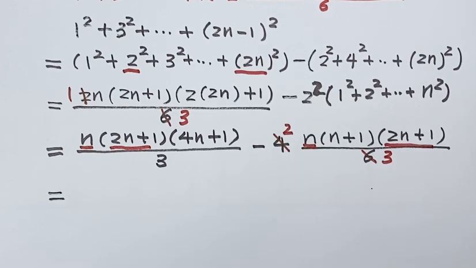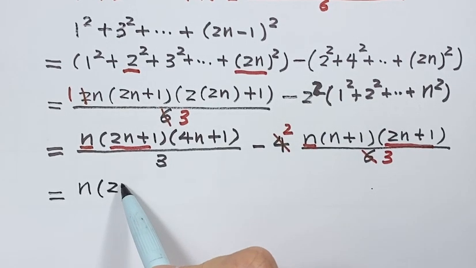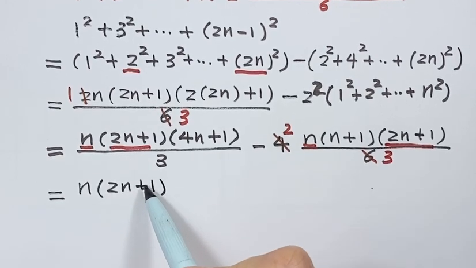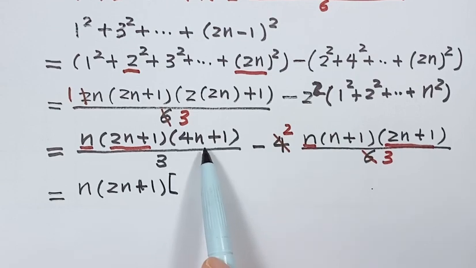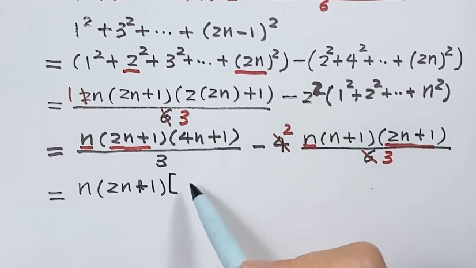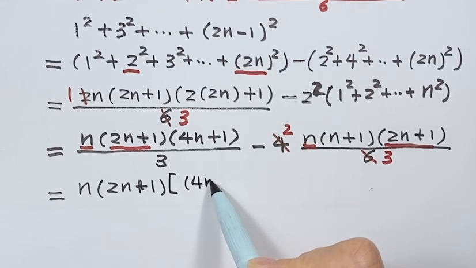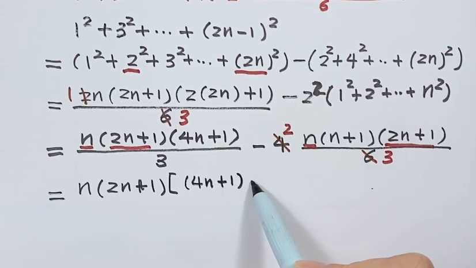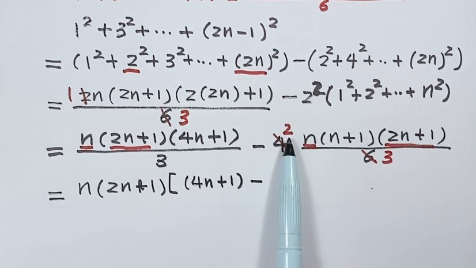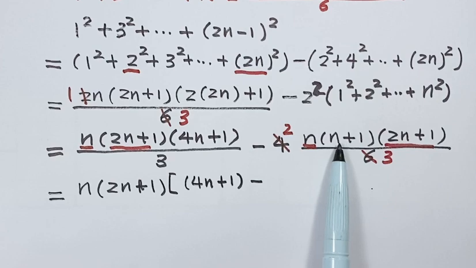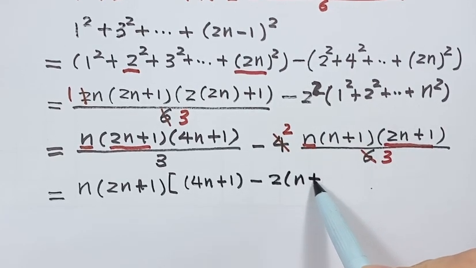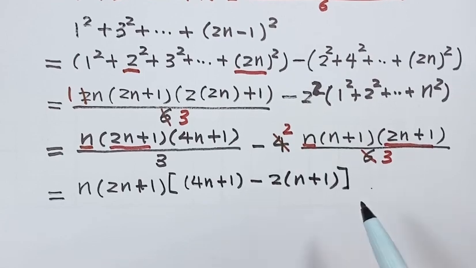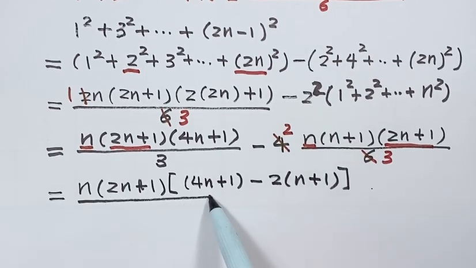So we take out the two common factors: n times 2n plus 1. For the first group, the only thing left is 4n plus 1. For the second group, we have 2 times n plus 1 left. Then the bottom is 3.